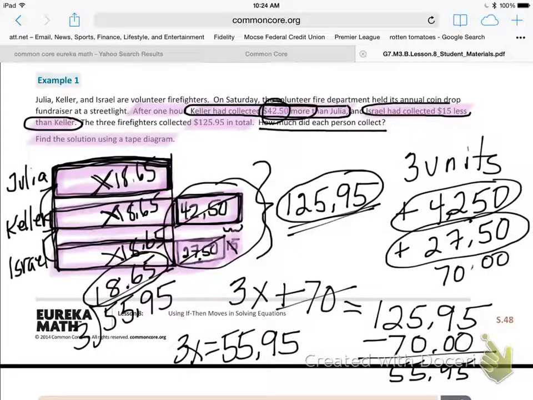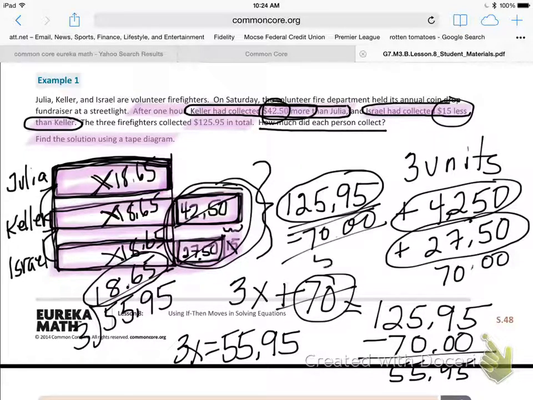And then Israel was x plus 27.50, because he had made 15 less than Keller. And we add that all together. We know this part here was accounted for, which was 70. If we know it all was 125.95, we took away that 70, left with 55.95.